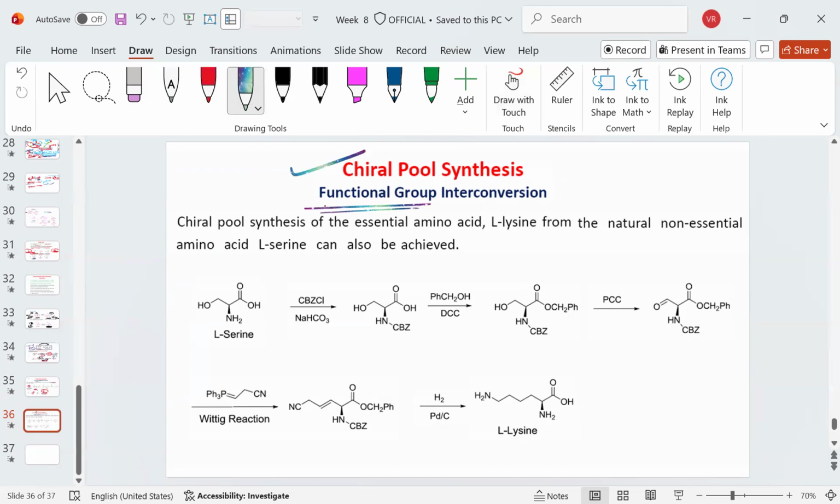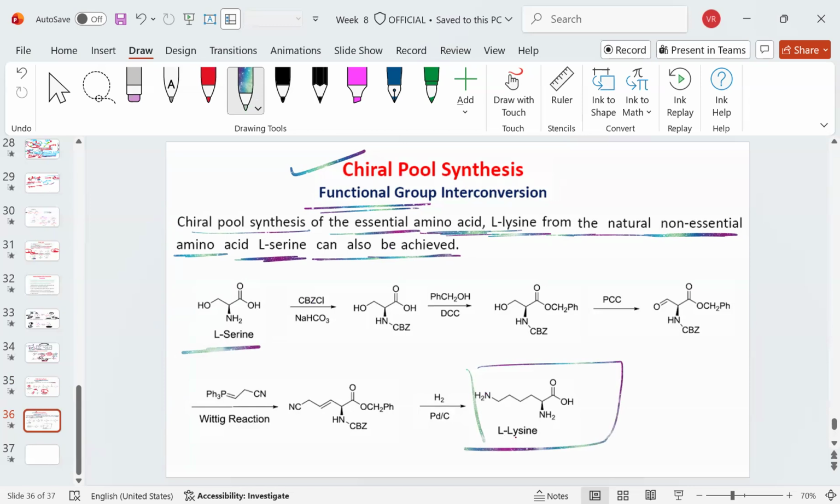Okay, another example here is the chiral pool synthesis of the essential amino acid L-lysine from the natural non-essential amino acid L-serine. So this is the L-serine, and from this L-serine, we want L-lysine.